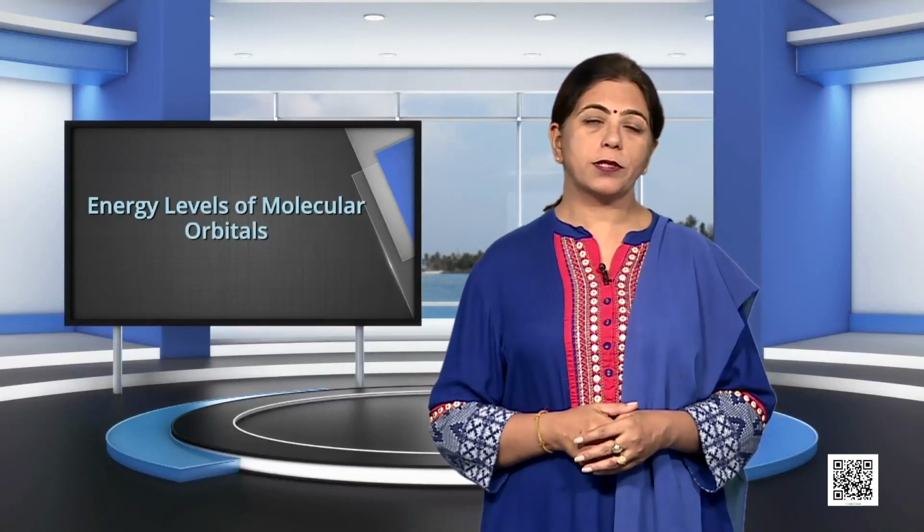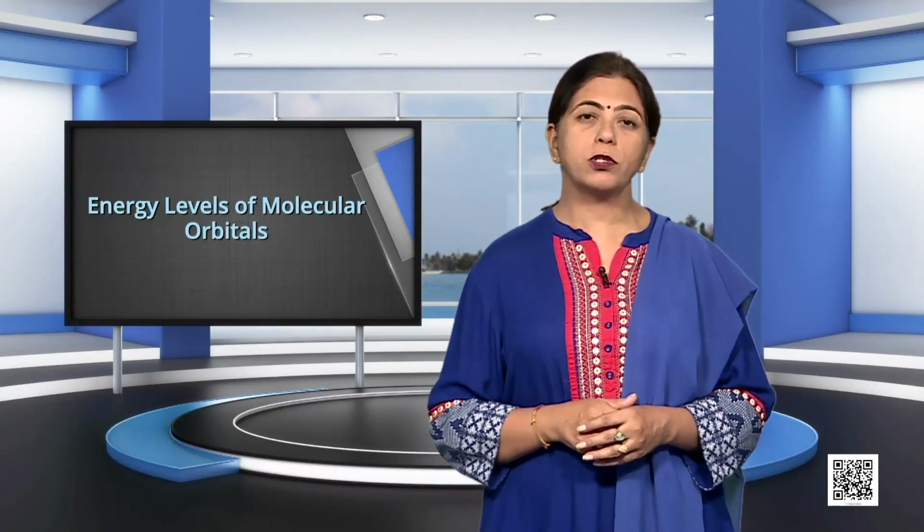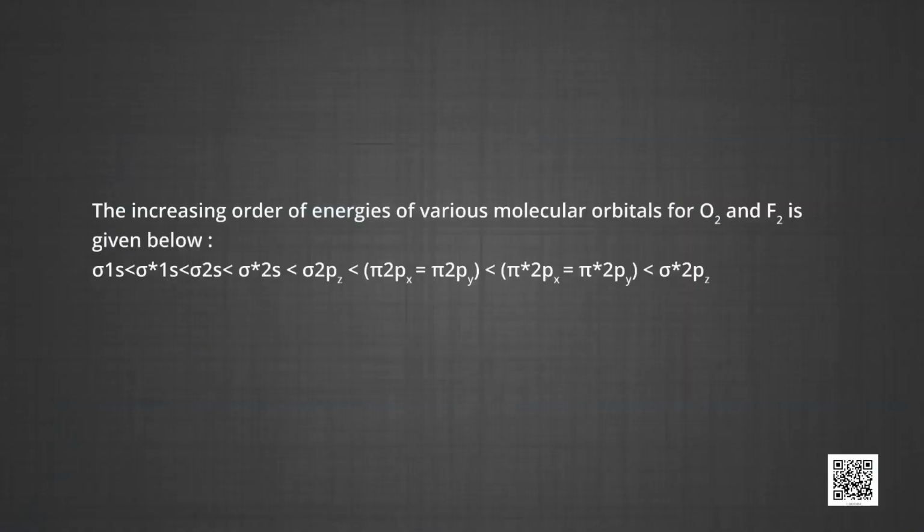The energy levels of these molecular orbitals have been determined experimentally from spectroscopic data for homonuclear diatomic molecules of second row elements of the periodic table. The increasing order of energies of various molecular orbitals for oxygen and fluorine is given below.